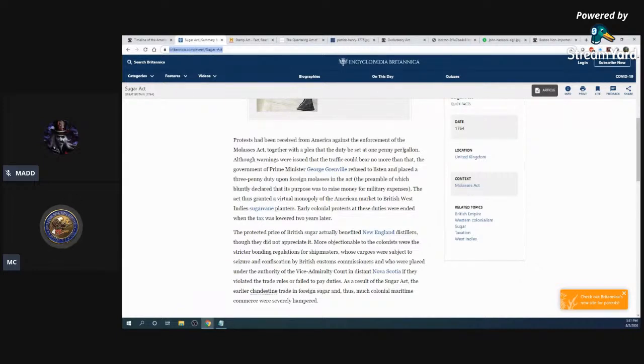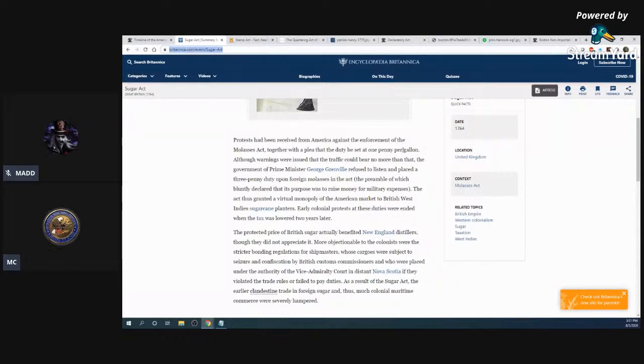They're willing to recognize, at this point, Parliament can tax them. But the Prime Minister, George Grenville, said to hell with that and put a 3-penny tax on there rather than a single penny.